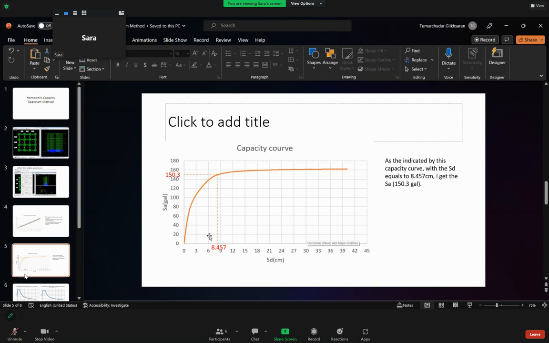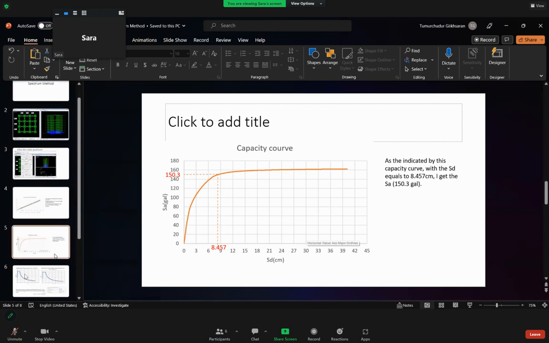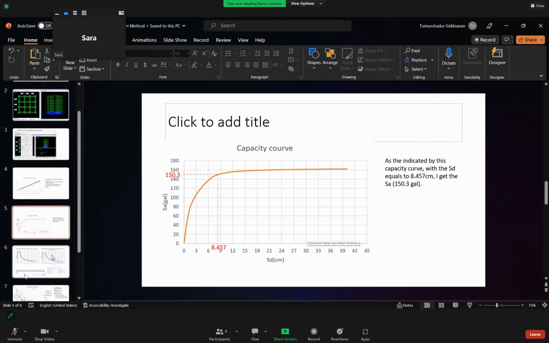We call this point the yielding point with the ductility factor M1.